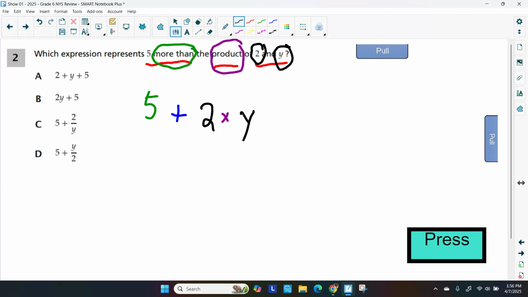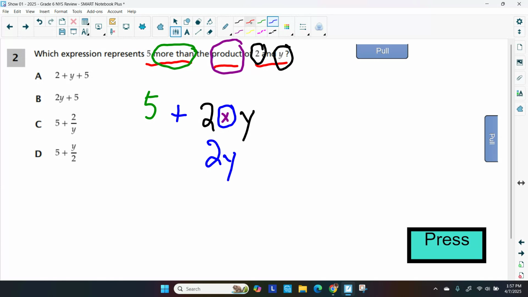And when we get to upper grades, we don't use the x's much when we're multiplying. Usually we put it together and it looks like that. So 2xy, or 2 times y, would be 2y.